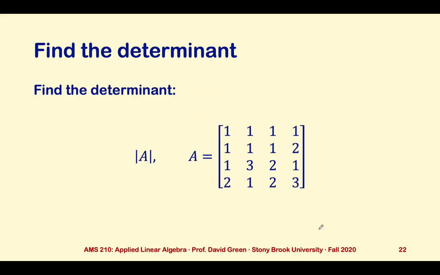Let's do one more example. Find the determinant of this matrix. Once again, I recommend that you pause your video, work through the solution on your own, and then resume to compare with my solution.